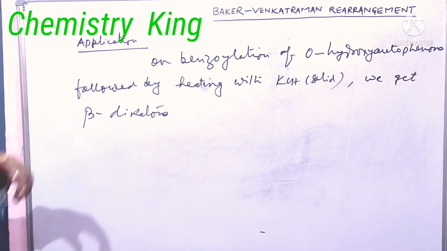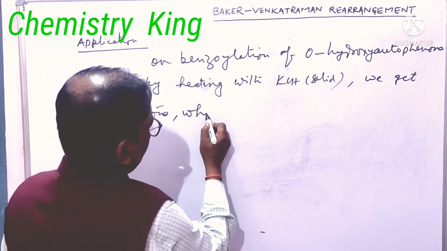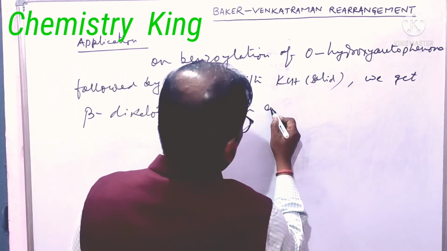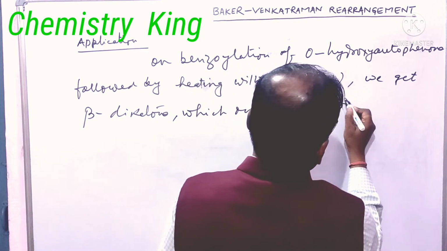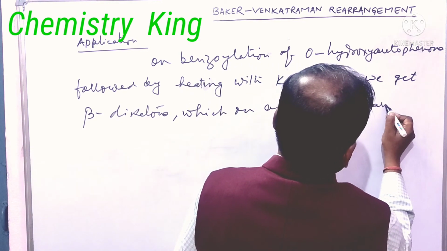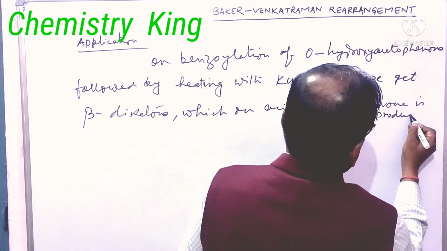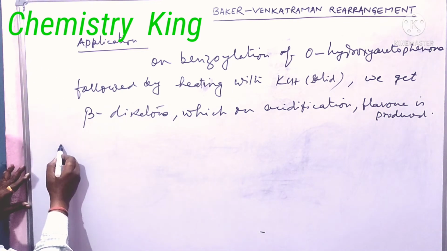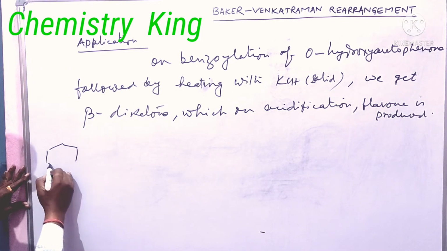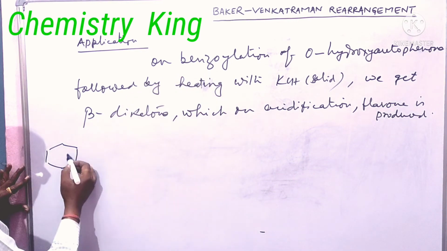It is the Baker-Venkataraman product, which on acidification, flavone is produced. Friends, let us see the reaction, then you can understand this statement.